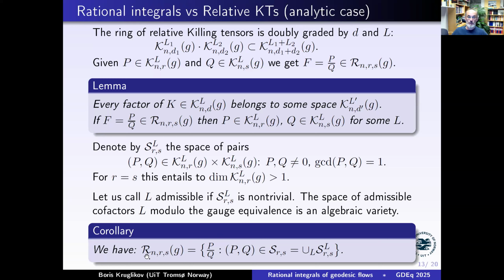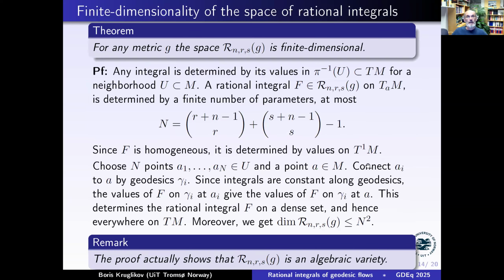We can say that all rational integrals are quotients of some Killing tensors for some cofactor. Okay, so that's some simple but useful statements on relations. So now one part of the conjecture which I said before: we consider the space of rational integrals of fixed bidegree and fixed metric G, then it's actually finite dimensional.